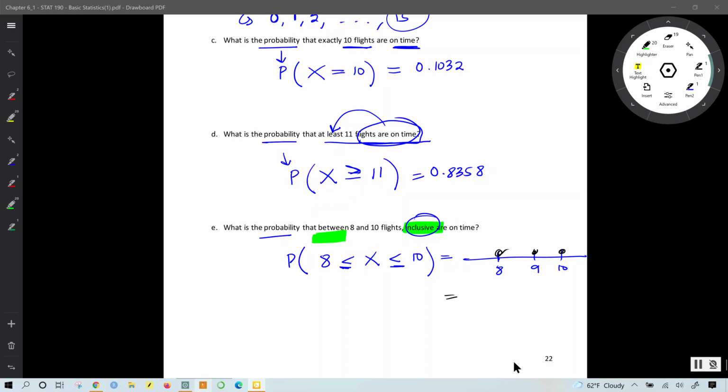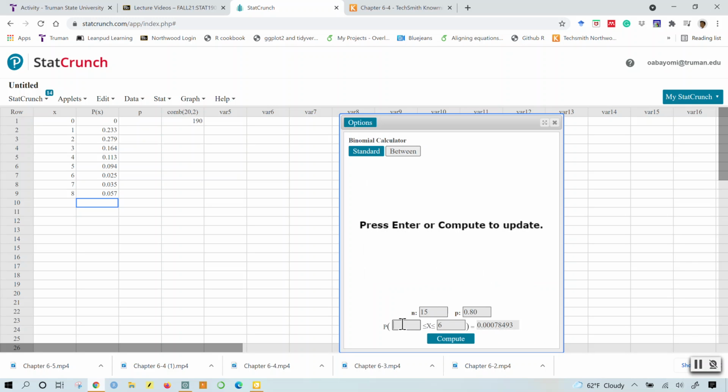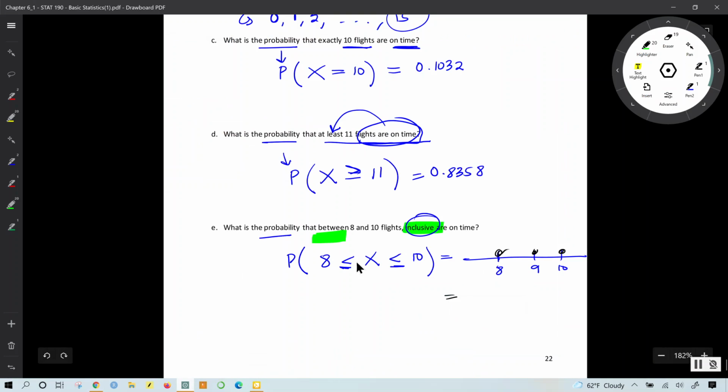To see how to do that, we'll need to tweak the interface that we're working with currently. So let's go back here. The first thing I'd like you to do is to choose this option, which is between. Then you'll see that the graphical interface here will change. We're going from equal to 8 up as far as 10, based on our interpretation of the question.